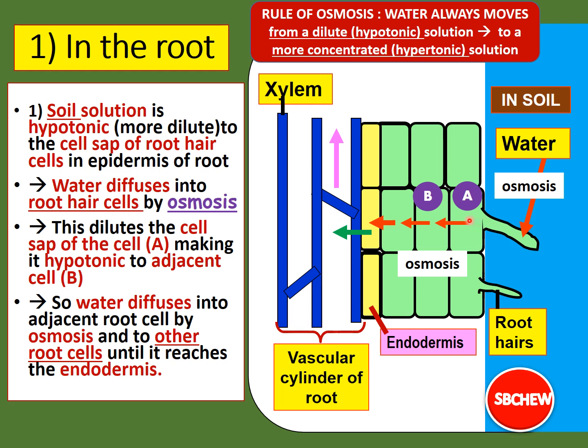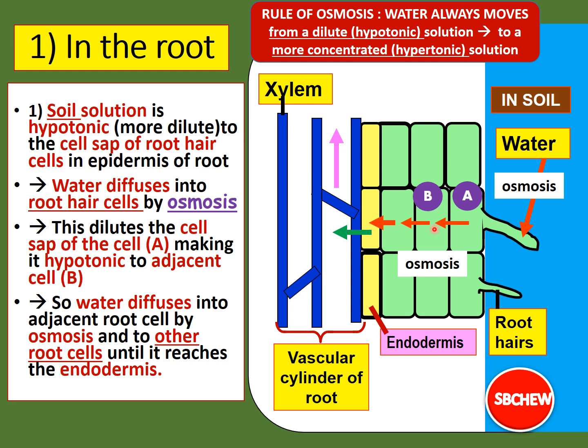Now this cell, cell A, receives water from the soil and its cell sap will be diluted, making it hypotonic compared to cell B. So water will diffuse from cell A into cell B again by osmosis. And then cell B will become hypotonic compared to cell C, which has not received any water.